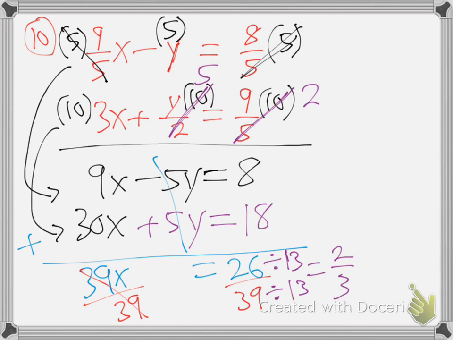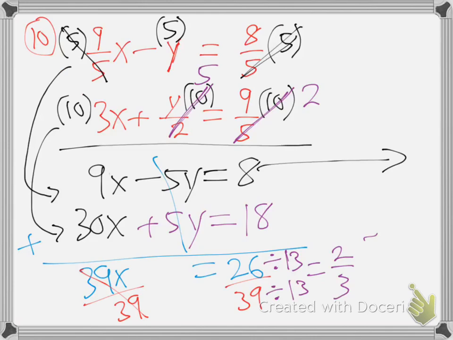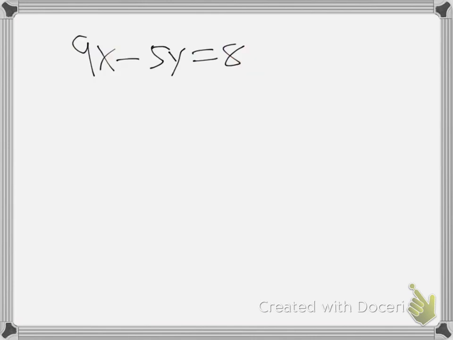I'm going to go back to one of these two for my plug-in. So I'm kind of out of room. I'm going to grab this one and go to the next screen. The 9x minus 5y equals 8. And I'm going to plug in the answer we got: x is 2/3.